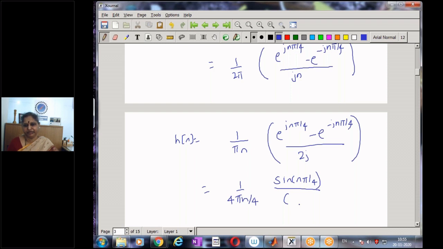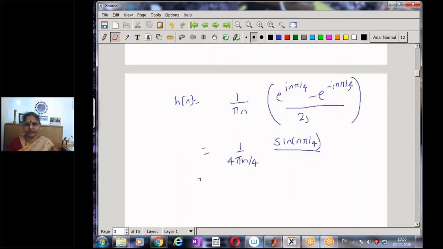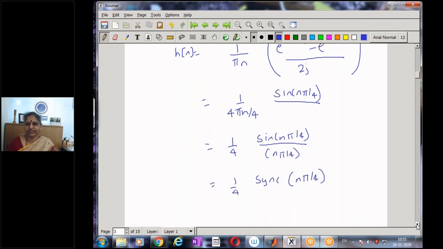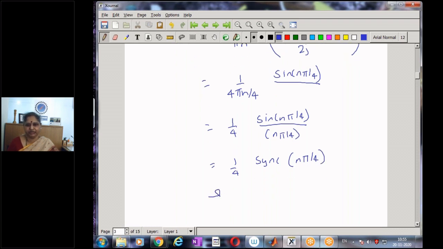When I multiply and divide by 4, I have the result as 1 by 4 sine n pi by 4 divided by n pi by 4, which is nothing but 1 by 4 sinc n pi by 4. And we can also recognize that pi by 4 is our cutoff frequency omega c.